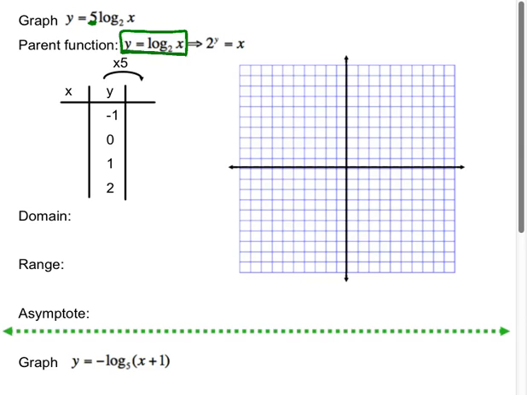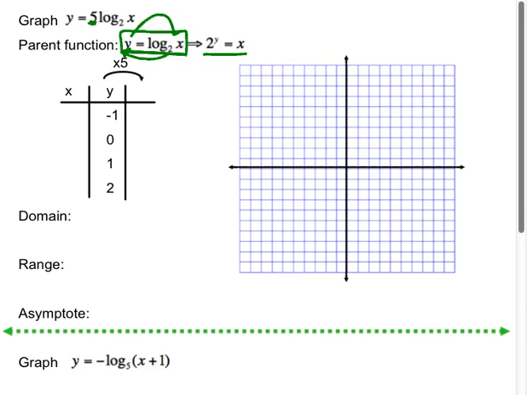So don't include anything in that parent function when you go to flip it around. So 2 to the y equals x, which is what I got right here. So when you take the step to rewrite it as an exponential equation, ignore everything else about it. So ignore that all. So we're dealing with 2 to the y equals x.